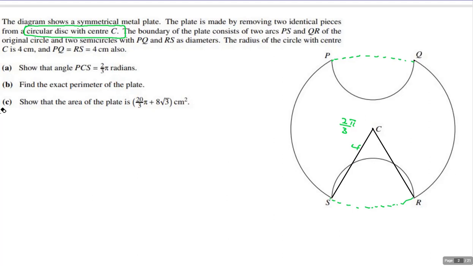So the area of the whole circle would be pi r squared, which is going to be what? What's our radius? 4. So it's going to be 16 pi. Yeah? Yeah. All right. Now, what do we got to do?